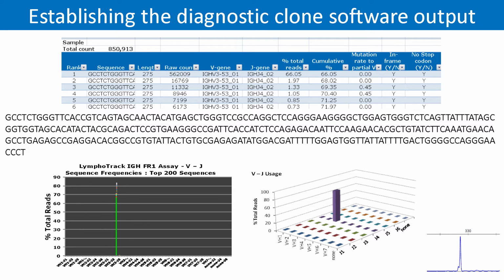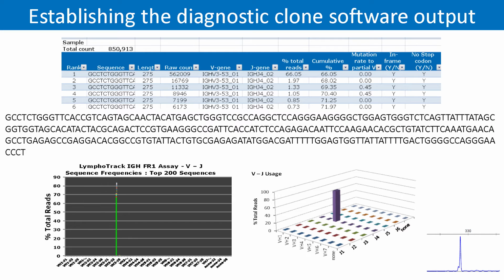This is how a sample that is clonal would look like. So it's a single clone that is identified, all of which has the same sequence, and that appears in here as a solid bar that is green. For comparison, for those of you that do the fragment analysis assays, this is how it would look like.